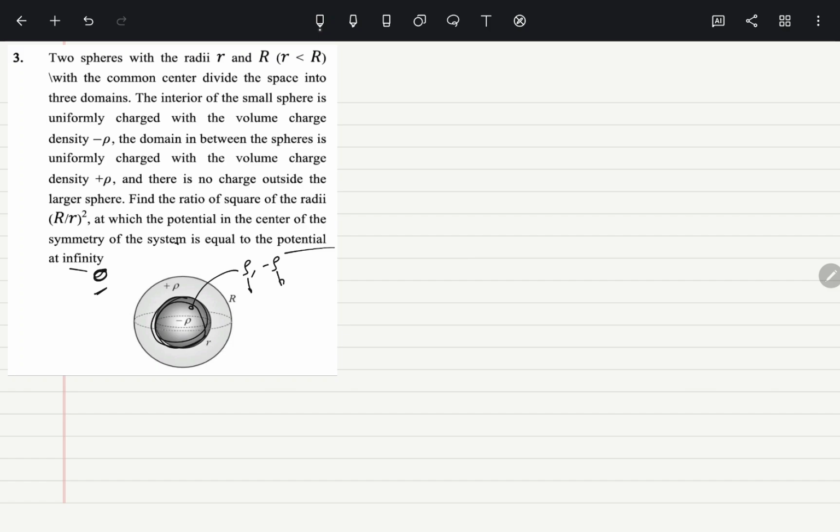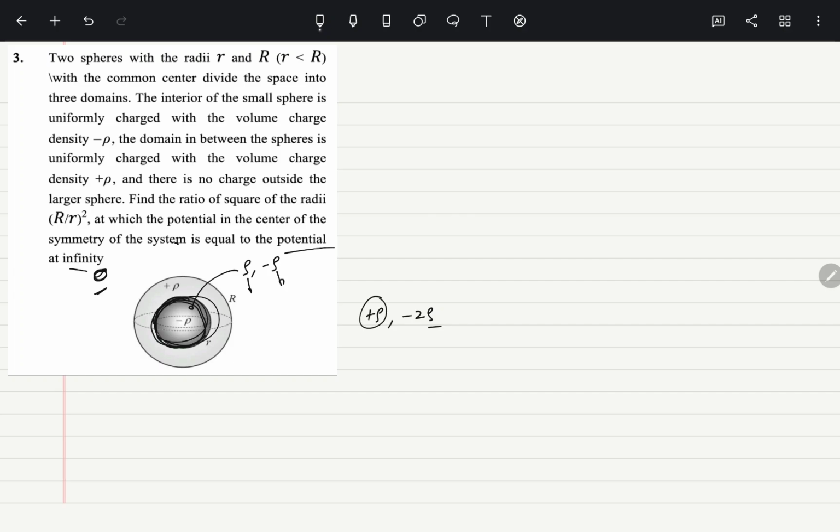So I can say now in this region, we have 3 spheres, one with rho and 2 with minus rho. So minus rho will be added, so minus 2 rho. So there are 2 spheres basically. In this region we have 2 spheres, one is plus rho and one is minus 2 rho.